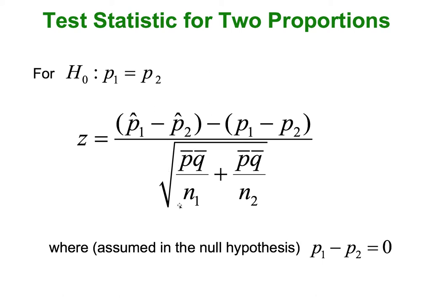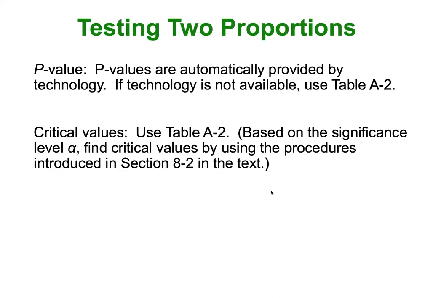And in the denominator we have the square root of the product of the pooled sample proportion and its complement, divided by the size of the first sample plus that same product of pooled proportion and complement divided by the sample size of the second population. And because we're assessing a proportion, we will use the z-scores, so we will get those from table A2.